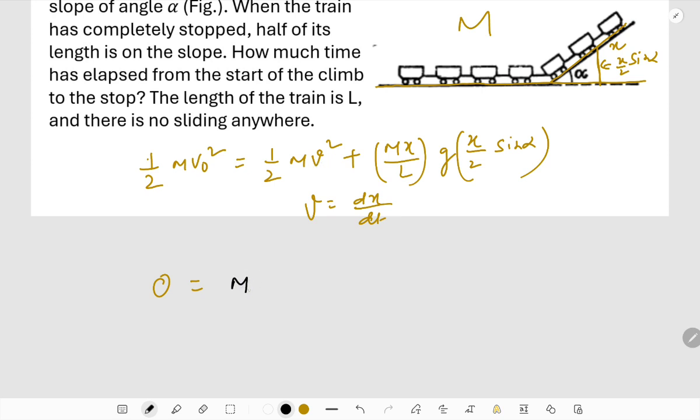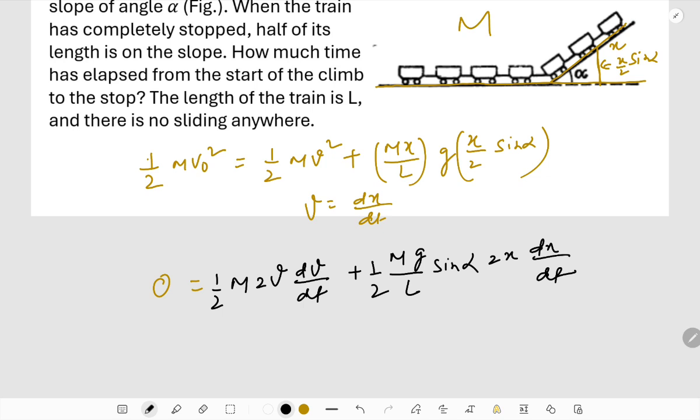So I can write here half m times 2v dv upon dt, plus m g upon L, and again there is a half here, and sine alpha, all constants, and x squared, that is 2x dx by dt.